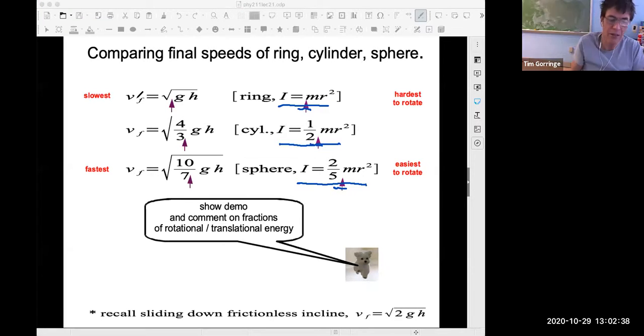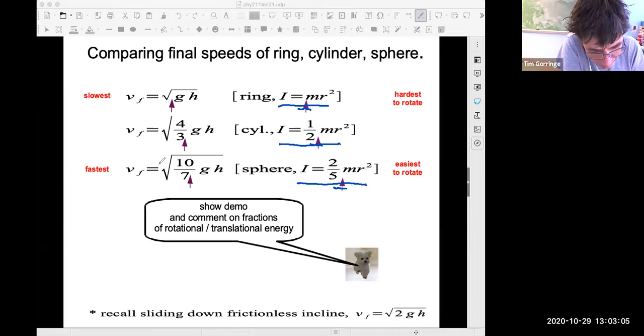So in all cases, the speed depends on gravity, acceleration of gravity. Of course, that's got to be because gravity pulls the ring, the sphere, the cylinder down. In all cases, the speed depends in the same way on the height, the elevation of the incline. How far are you going to roll the object down the incline? But these numerical factors are different because of the different shapes of the sphere and the cylinder and the ring.